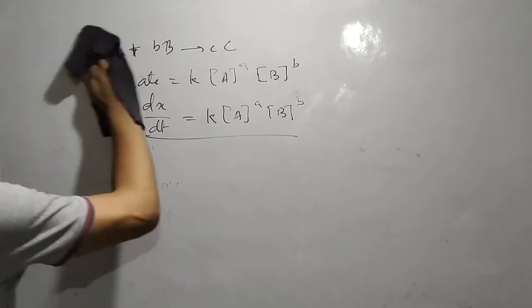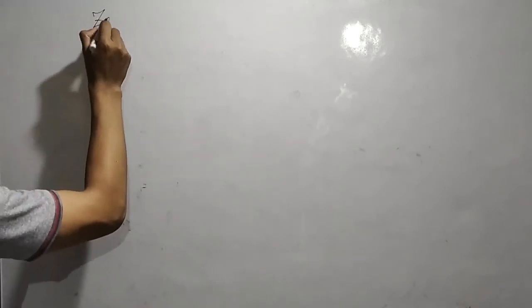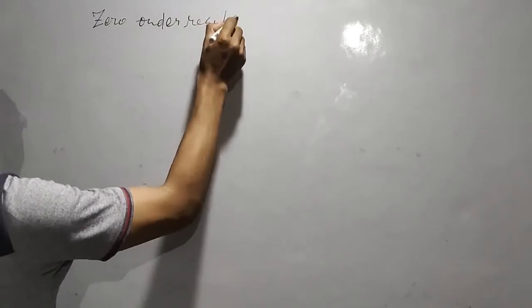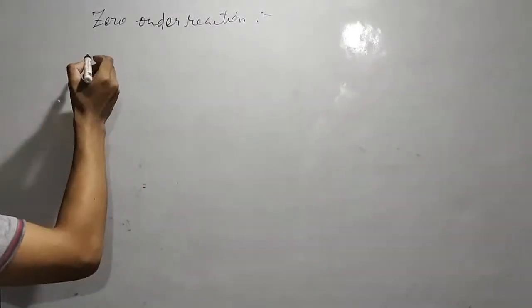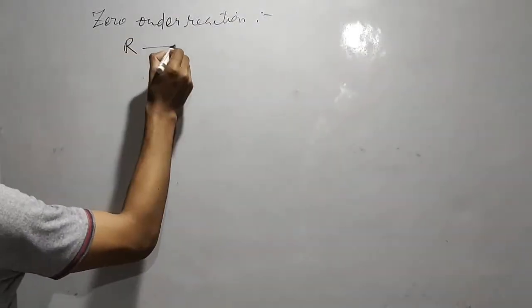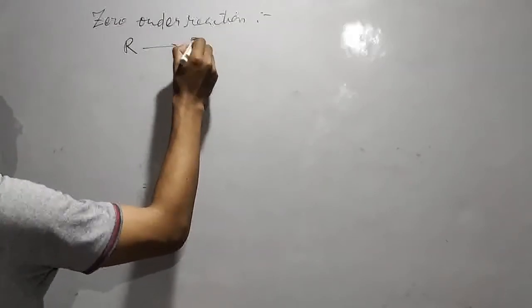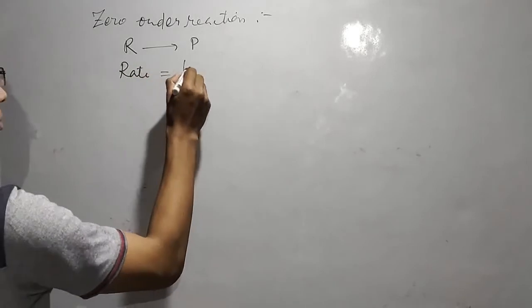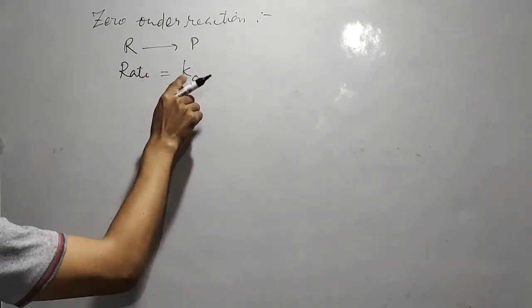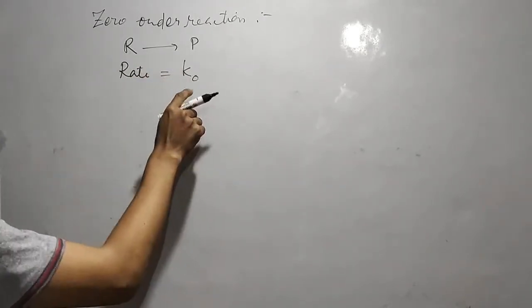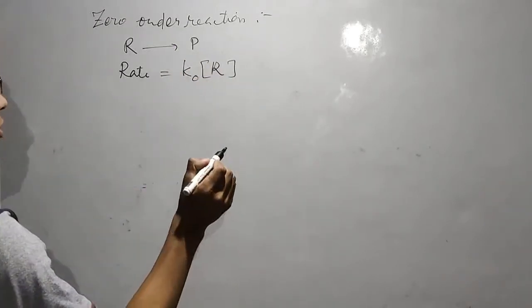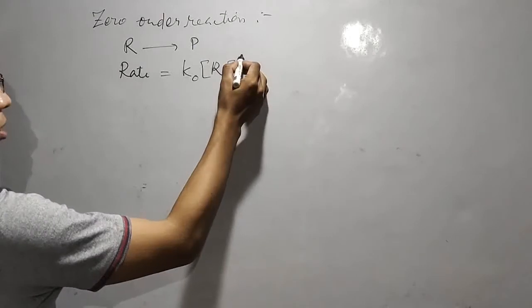Now moving on to the zero order reaction. Suppose the reactant undergoes reaction to give the product. Now the rate is given by k naught, let us take the rate constant as k naught, times the concentration of the reactant raised to the power 0, since it is a zero order reaction.